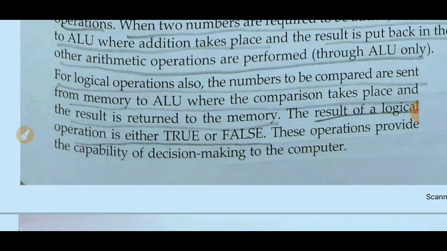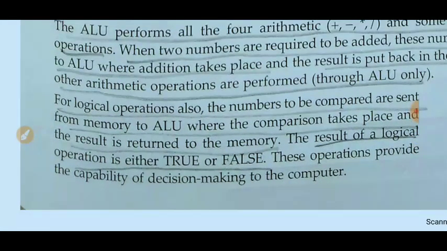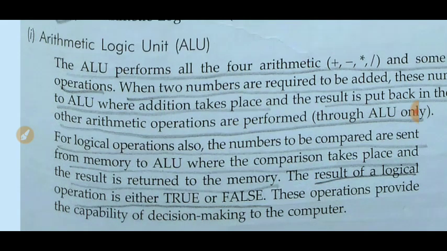Like this, if we have two inputs like 5 and I want to compare 5 equals 5, it will return the answer true. If we compare 4 is greater than 5, then it will display false. 4 is not greater than 5, means the result is false. So the output of logical operations comes in the form of Boolean, either true or false, whereas arithmetic results come in the form of numeric.